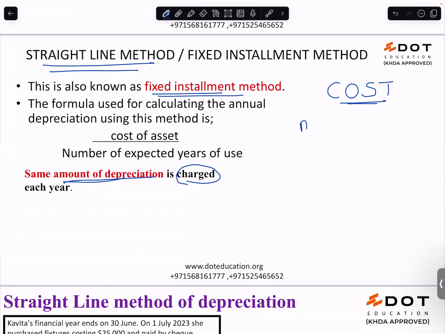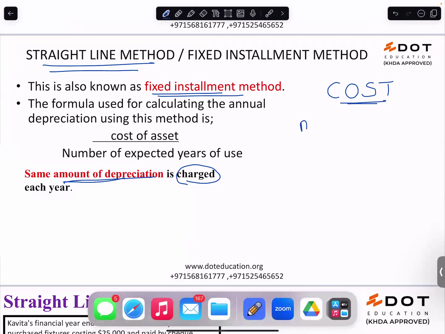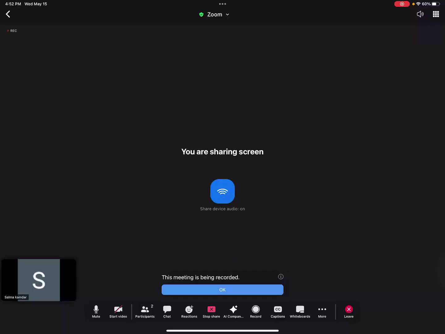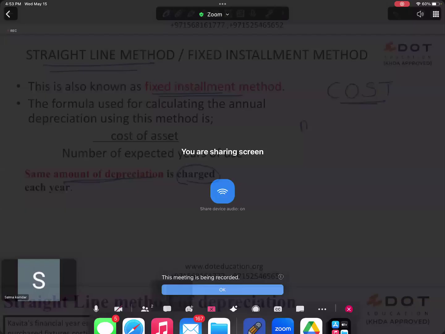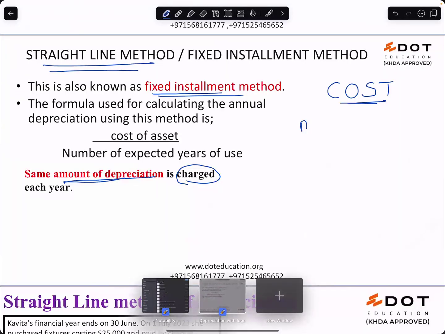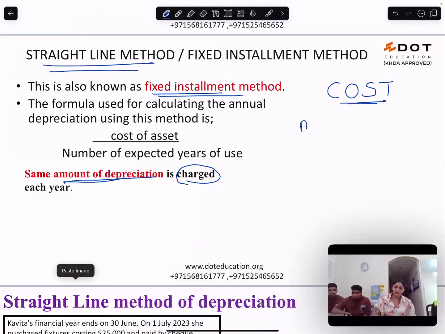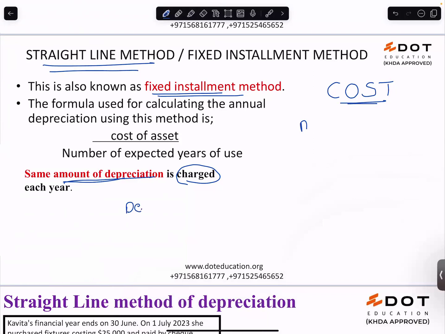So how do you charge depreciation in the straight line method? There is a formula that you use. The amount of depreciation that is charged is the cost of the asset minus the residual value.